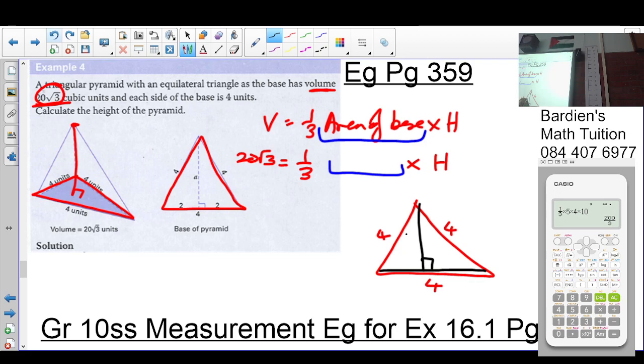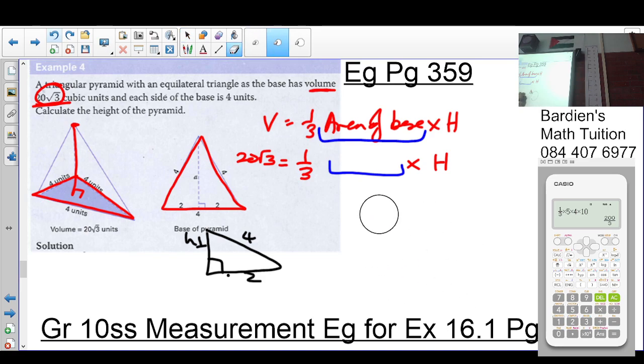Can you see that, people? If this length from there to there is 4, then what's the length from there to here? 2. So what do you notice now? You have a right angle triangle. You're looking at this right angle triangle now, so you've got 2 here, 4. I'm going to calculate the perpendicular height here.